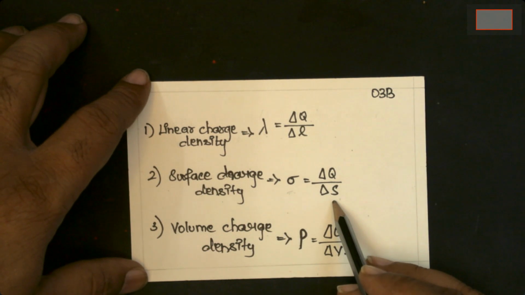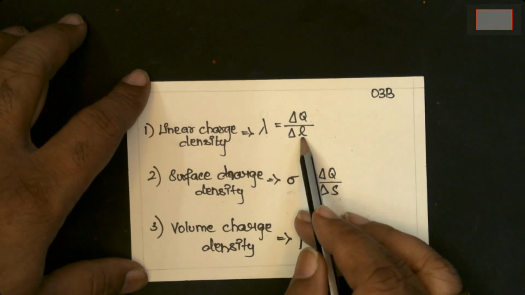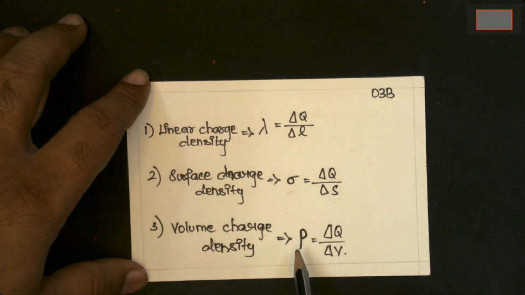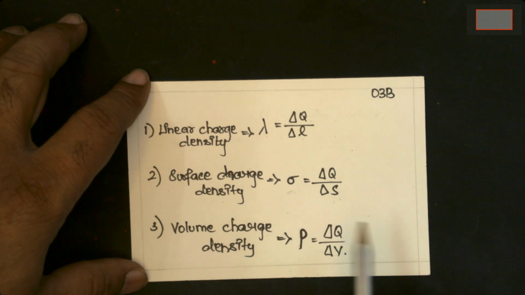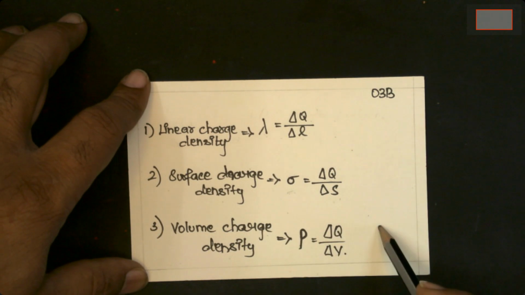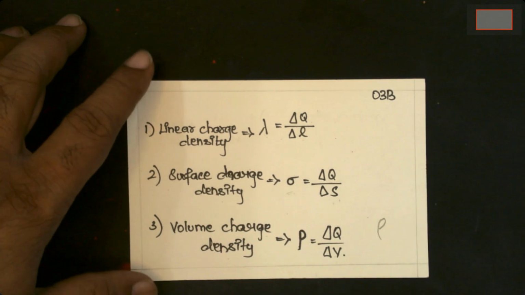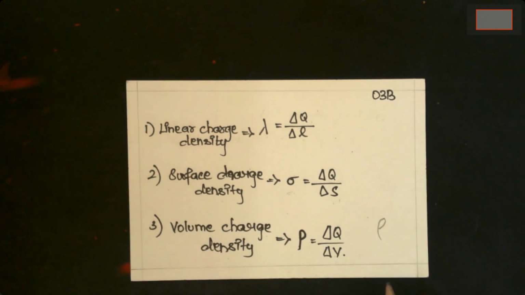small surface area. And delta L is the small length element. For a short element, how many charges are there? And the volume charge density is given by rho. So rho is given by delta Q divided by delta V, and delta V indicates the small volume change.